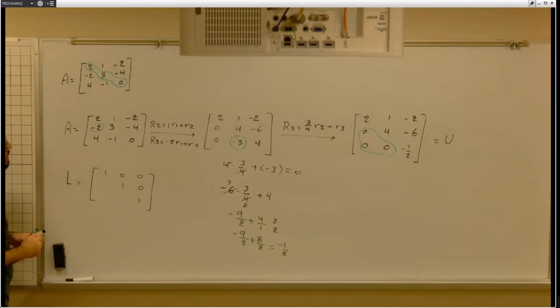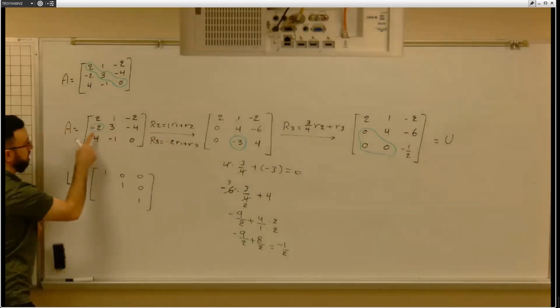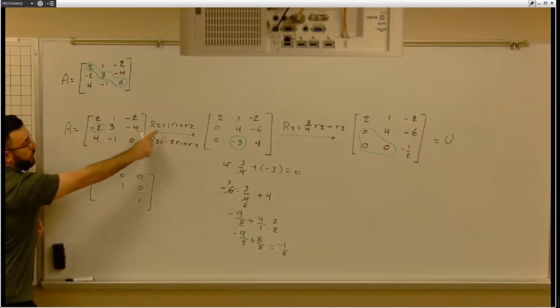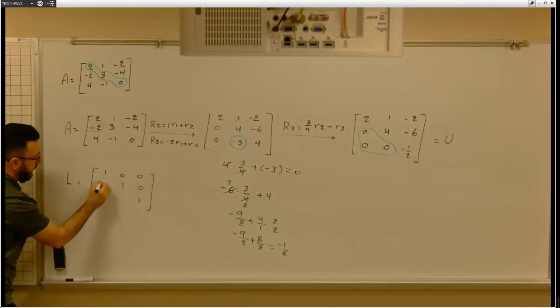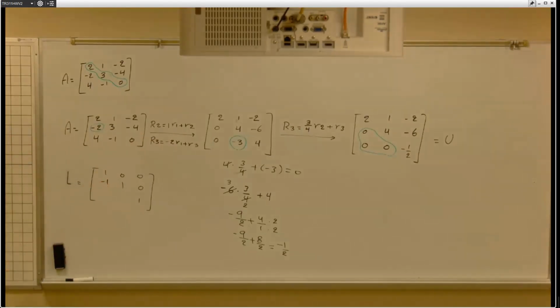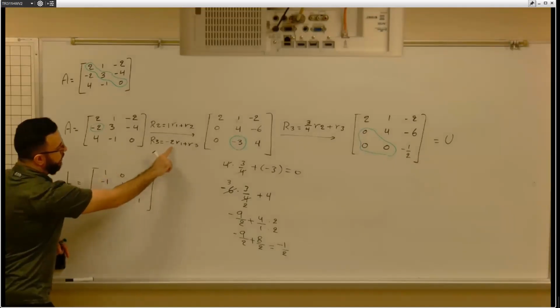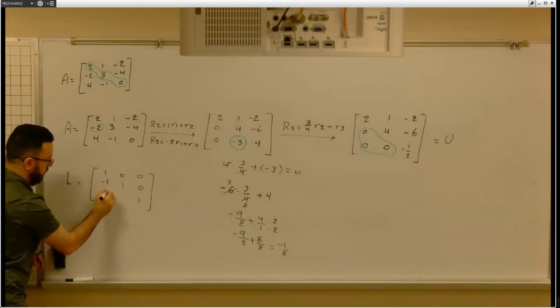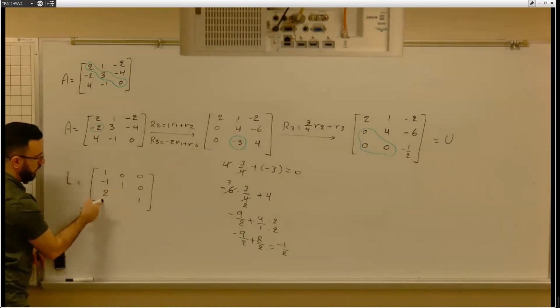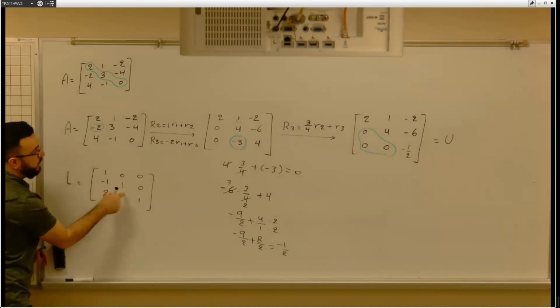This operation here, we convert this number, right? We multiply by 1. So what I'm going to write down here is the opposite one. Remember the E matrix? We wrote the opposite of the number. So 1, -1. The second operation, which is this element, -2, you're going to write down 2. The third operation, 3/4 to convert this number.